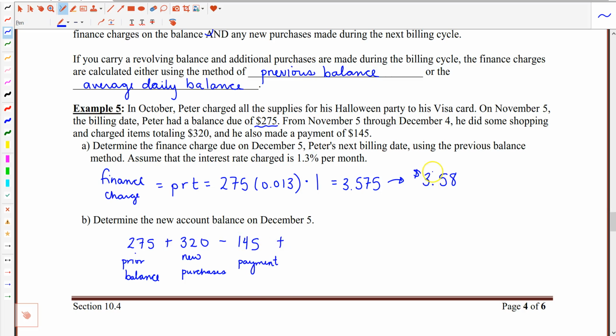And then he's going to be charged interest of $3.58. Okay, so take into account then the purchases, the finance charge, and then the payment. The new account balance then on the next billing cycle will be $453.58.